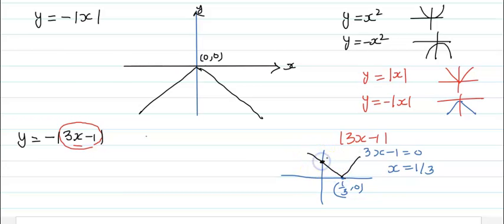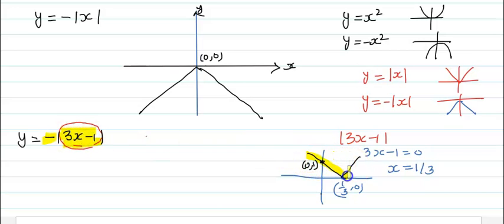And we don't know the coordinate at this point. So what we need to do, if we put x equal to 0, you'll get minus 1. So minus 1, just reverse it, so it will be 0 and 1. Okay. Now, our question is y equal to minus modulus of 3x minus 1.